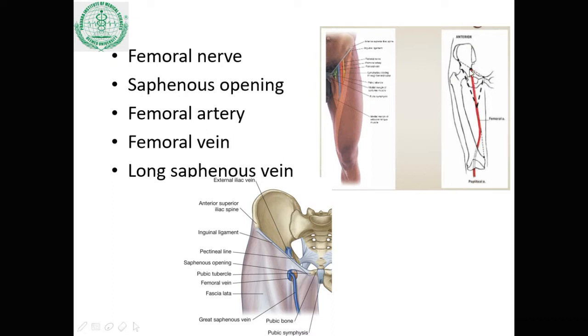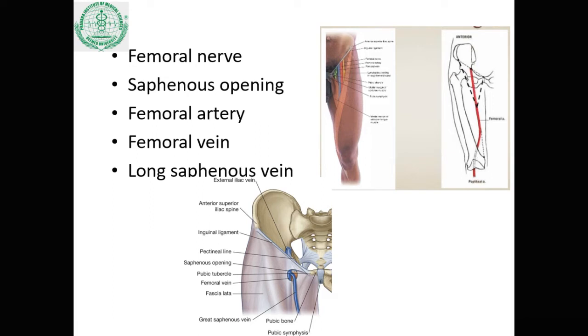Now the femoral nerve lies around 1.2 centimeters lateral to the femoral artery. Here you can see the femoral triangle and the relations lying in that triangle. The artery is at the level of the mid-inguinal point, 1.2 centimeters lateral to it is the femoral nerve, and the femoral vein lies just medial to the femoral artery.